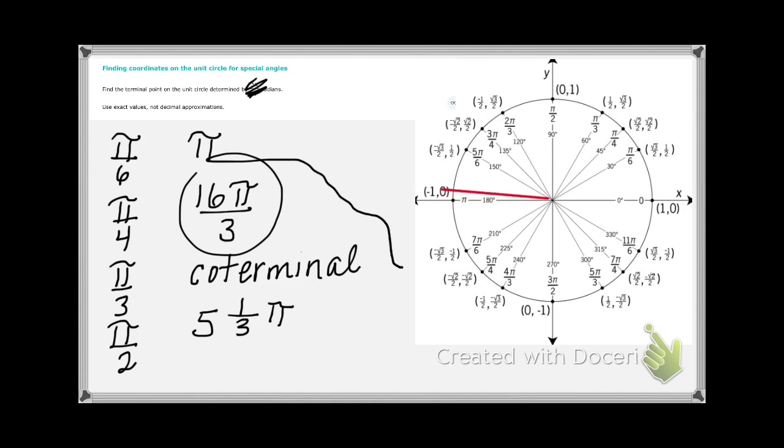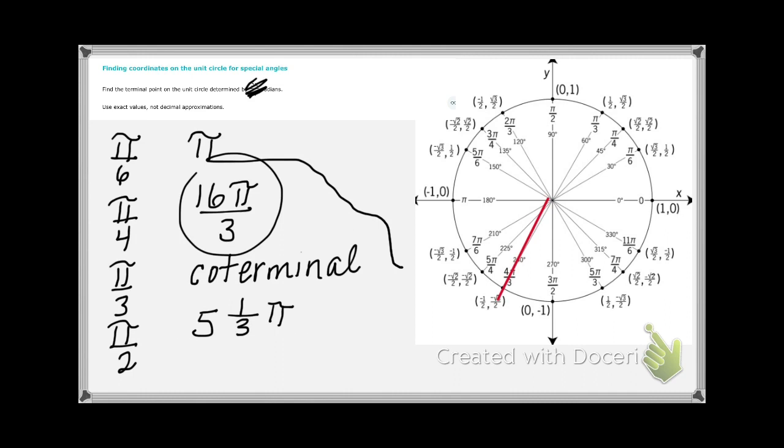We should know that. Half of a circle is pi. Now I want to do 5 of those. So I keep going around. There's 2, there's 3, there's 4, there's 5. And then I want to go another third of half of a circle, and that's going to land me right there.